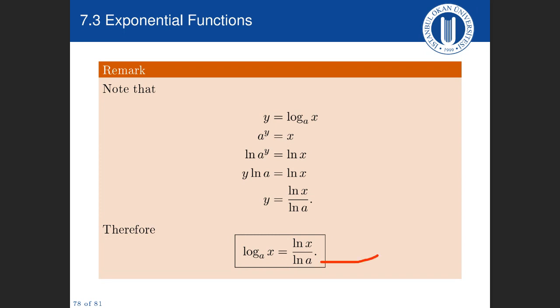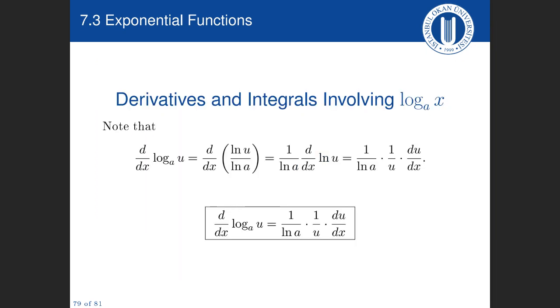ln a is just a number. ln x is a function that we've spent a lot of time studying. We know how to differentiate ln x. So now we know how to differentiate log base a of x.